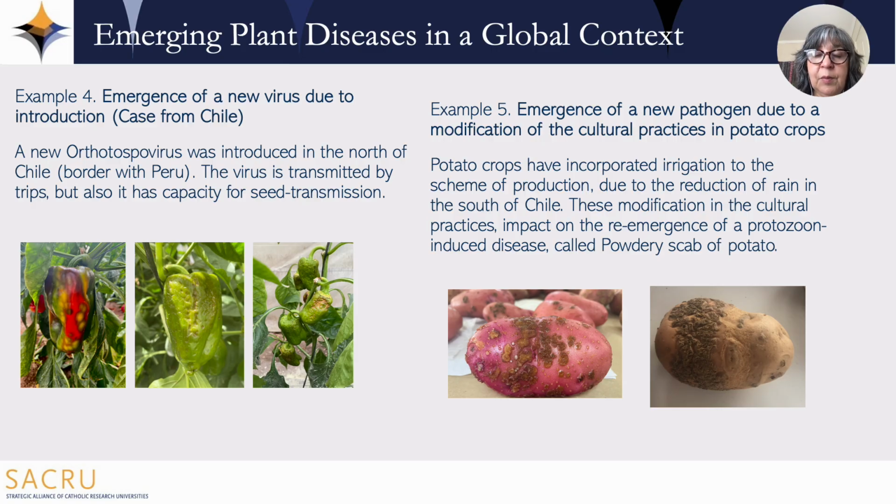What happened? The rain is no longer enough to water the potato plants, so they need to irrigate them, and this irrigation causes the emergence of this disease, which is called powdery scab of potato, as an important new and re-emergent plant disease. You can see the lesion on the skin of the potatoes, the powdery scab. The powdery comes from here.